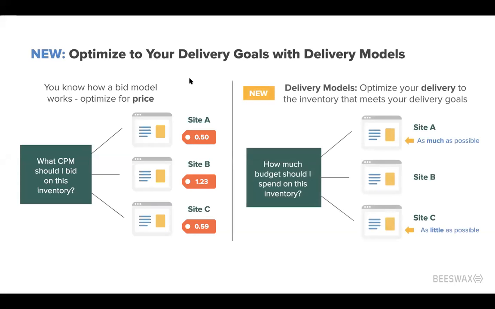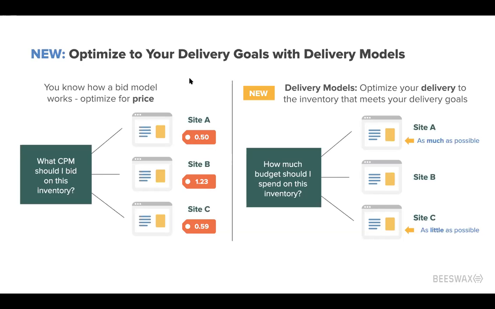The new concept and the new solution we're offering is what we're calling delivery models, which is around optimizing the delivery to the inventory that meets your goal. So instead of thinking about price, it's how much budget should I spend on the inventory.